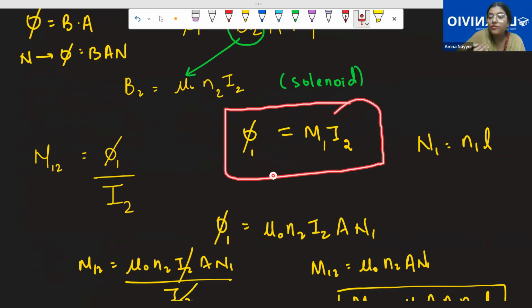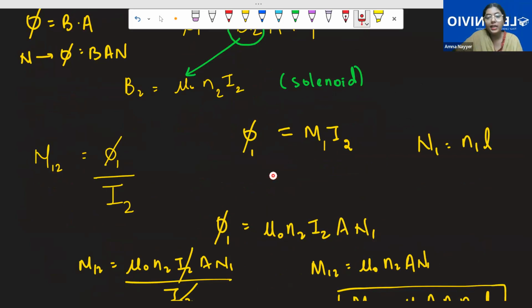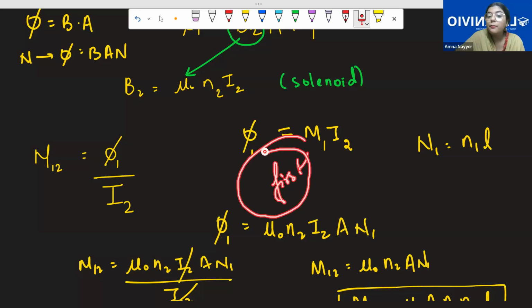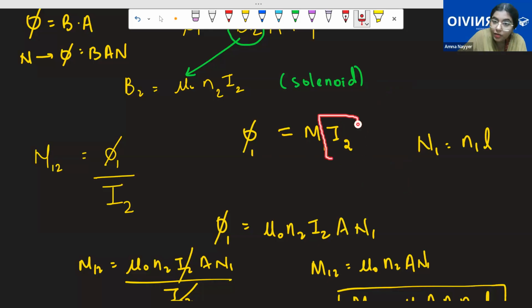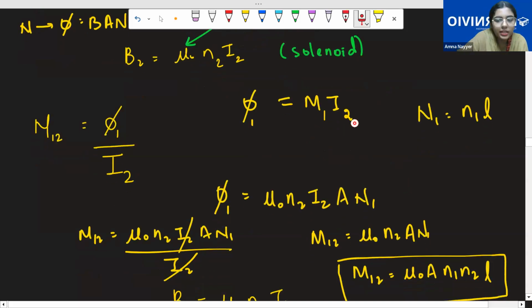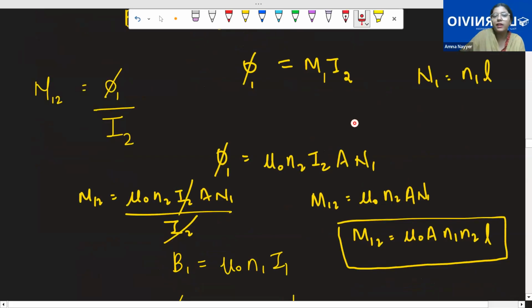When you talk about flux, phi is equal to M I. M1 will be there, phi 1 will be there, because we are talking about the first coil. But this current caused the second magnetic field, which caused the induced current ultimately, right? So if this is the case, then the current should be of the second coil, which is influencing. So that's why we just took I2 and we put in the values.